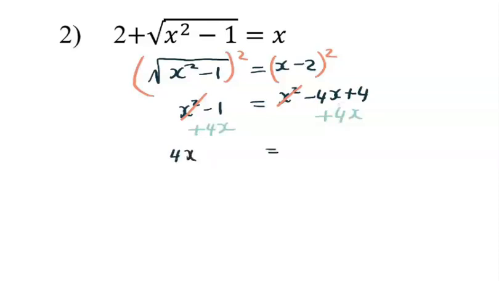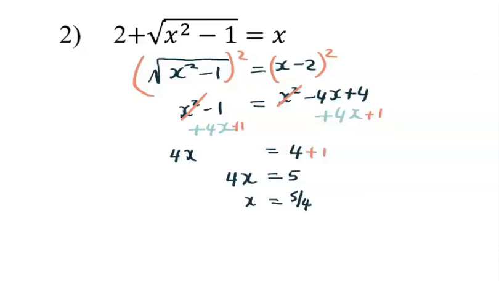On the right hand side, the minus 4x plus the 4x is 0. I have a 4. And this minus 1 here, if I add 1 to both sides, I will get this. So in the end, I will have 4x is equal to 5, or x is equal to 5 over 4.